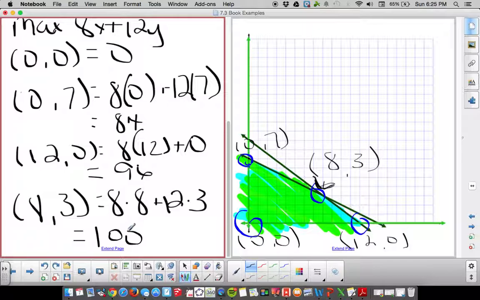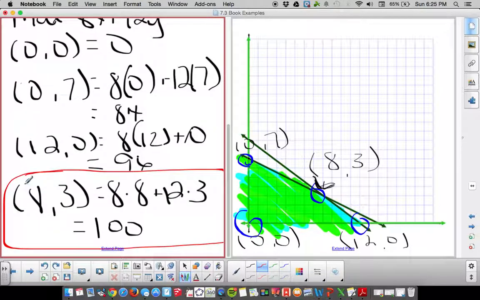So I can now see where my maximum occurs. My maximum occurs at 8, 3. So the maximum storage capacity is 100 cubic feet, where he has bought 8 ACE cabinets and 3 XLO cabinets.